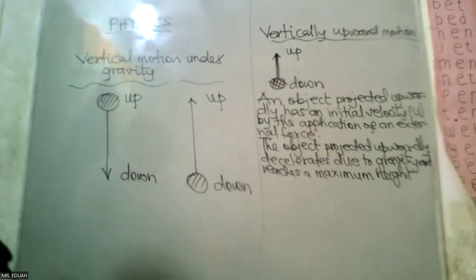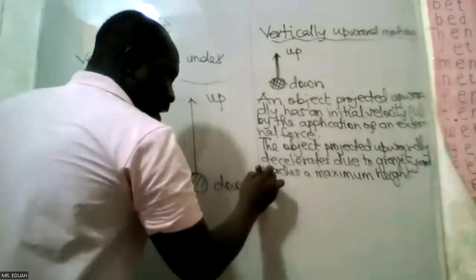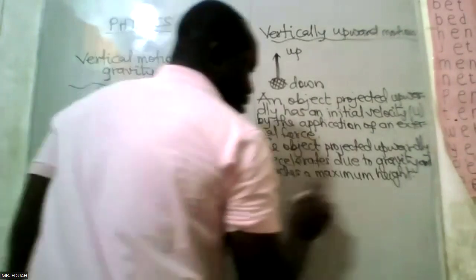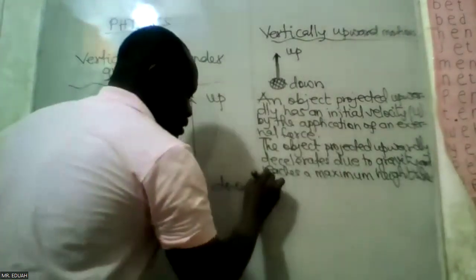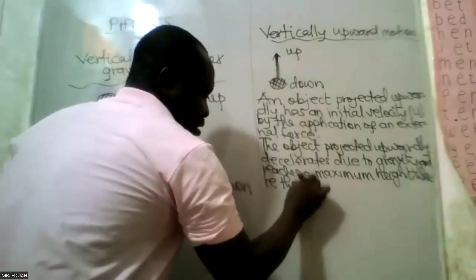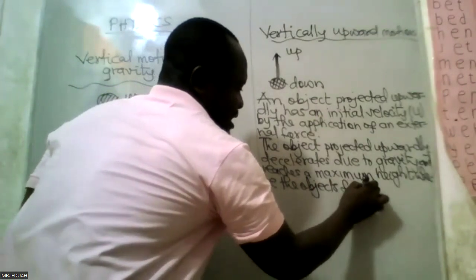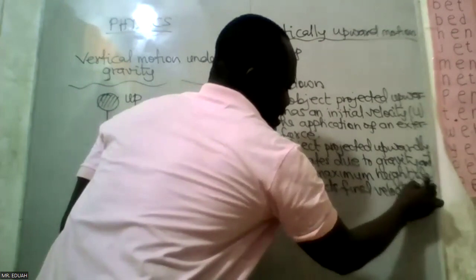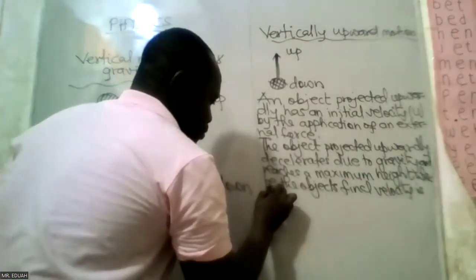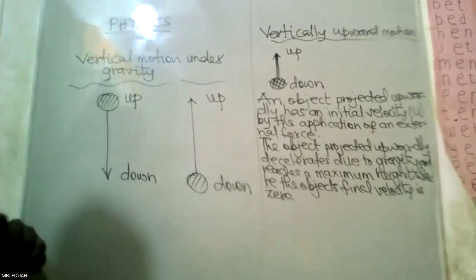So it decelerates and then reaches a maximum height where the object's final velocity is 0. All right.